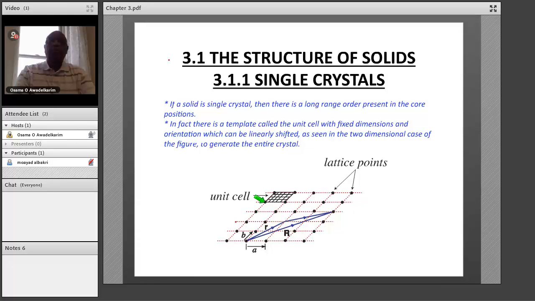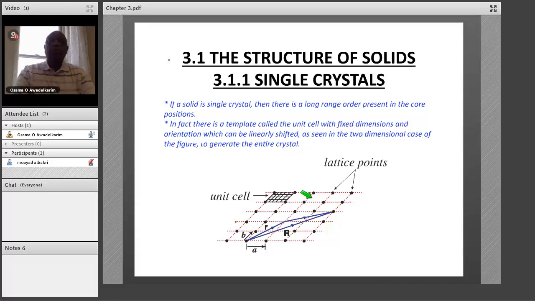We can translationally move this unit cell with a certain translational order, and we can create the whole 2-dimensional lattice. So the 2-dimensional lattice can be created from this unit cell by translationally moving it in a particular order.